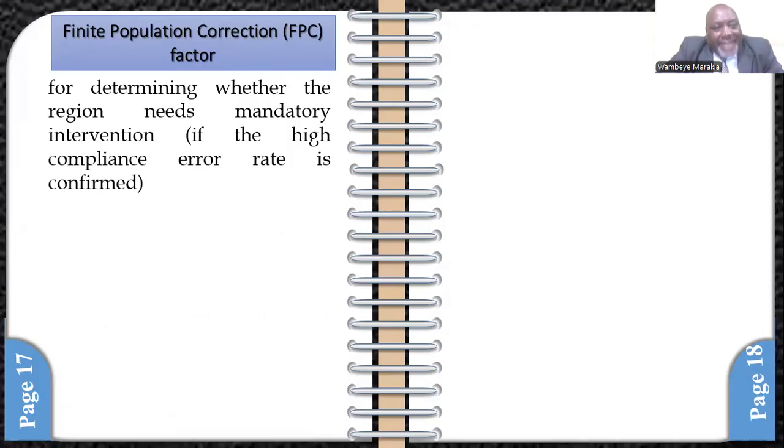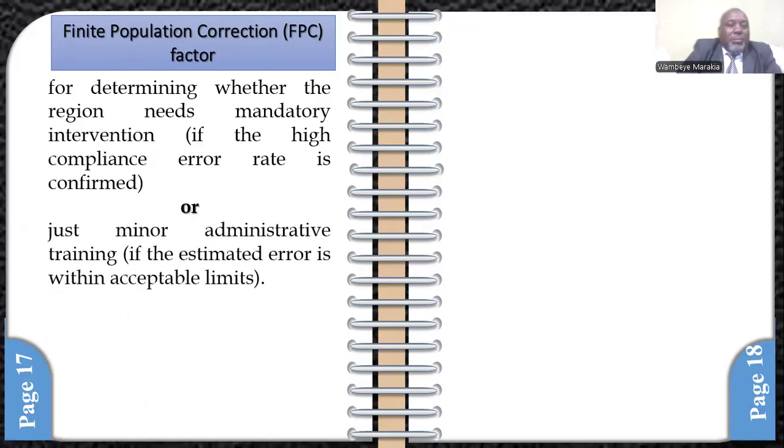Now, the state might, through the policy, determine whether the region needs mandatory intervention if the high error rate is confirmed, or just a minor administrative training if the estimated error is within the acceptable limits.